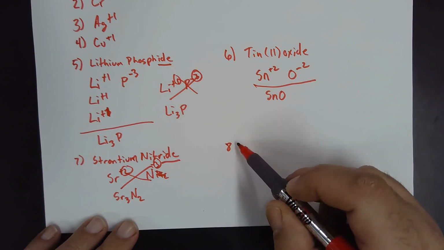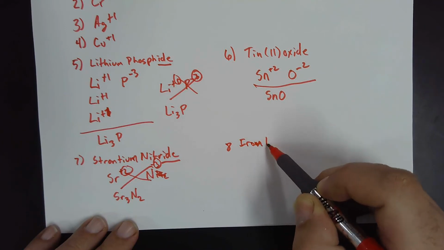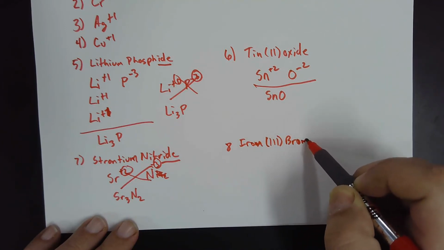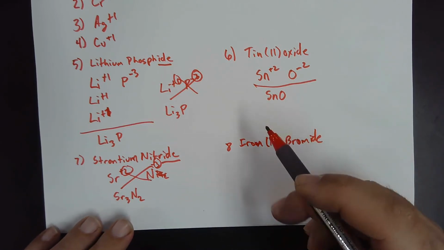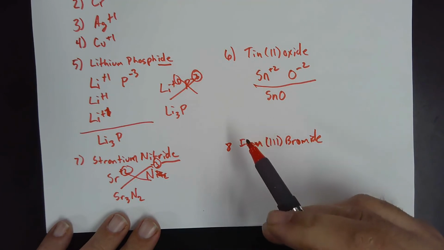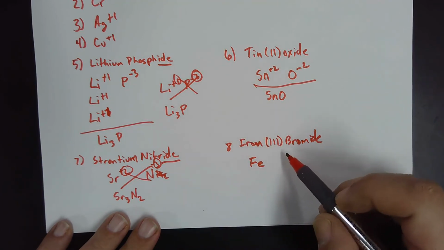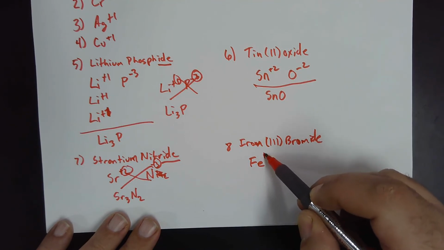All right, number 8. I have iron 3 bromide. So what is my symbol for iron? It is Fe, from ferric. Do we know what its charge is going to be? How do we know it's +3, Charlie?